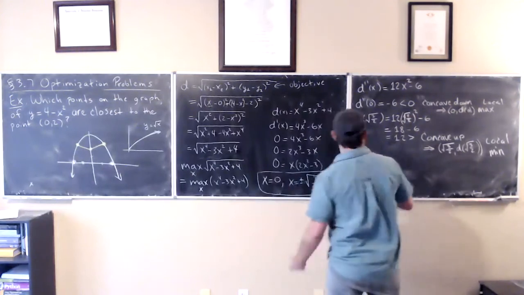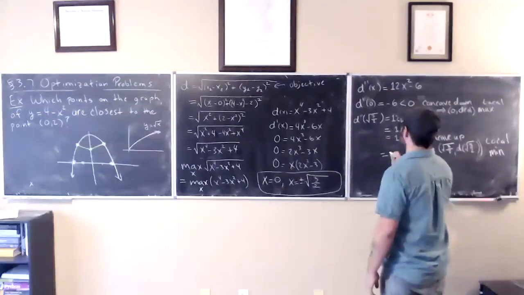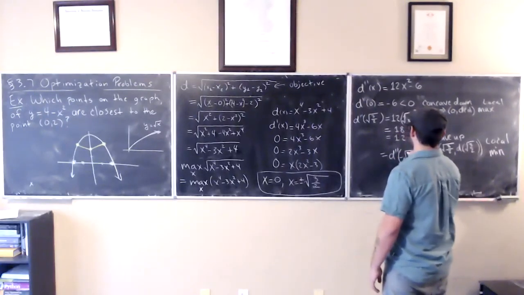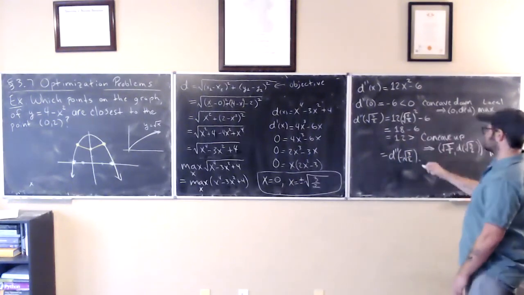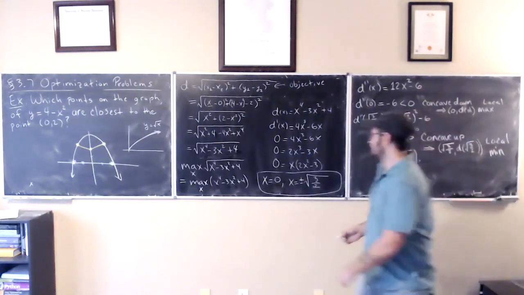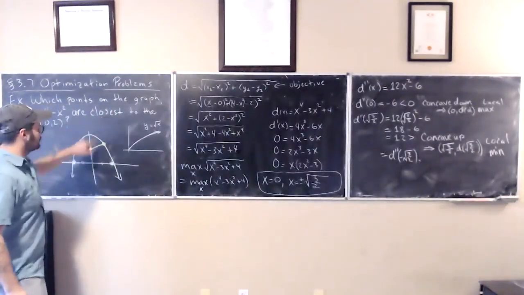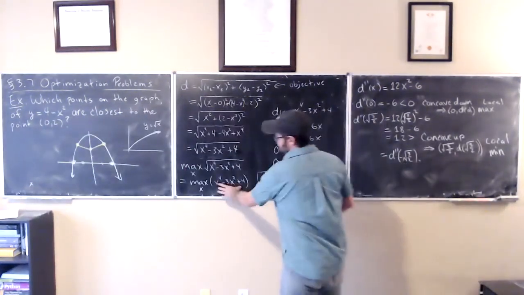And then it's the same thing. This is also going to equal d double prime of negative root 3/2. The same thing's going to hold. So we're trying to find the closest point, right? So this distance function here.